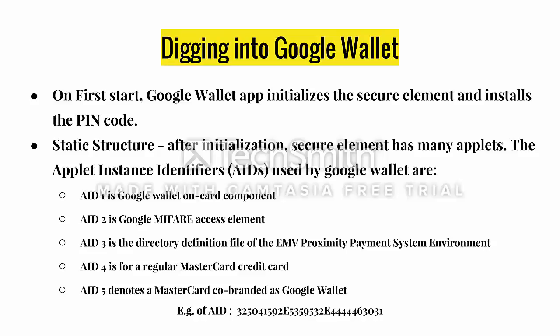We assume that the other credit card, AID5, denotes a MasterCard co-branded as Google Wallet, but the authors have no confirmation on this. The credit card applets are only selectable while Google Wallet is in an unlocked state, otherwise the error code 6999 is returned. Access to both applet instances is possible from the application processor and also through the RF interface.